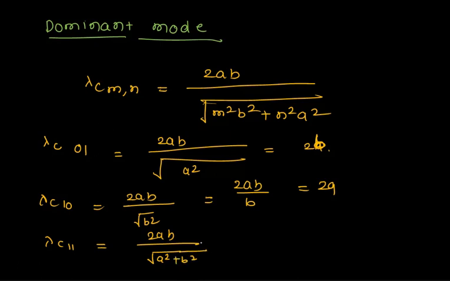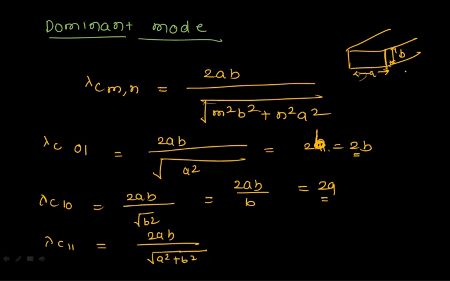If I take the example of a rectangular waveguide, your this side will be the longer side a and this will be the shorter side b. So this is twice of b. This is the shorter side, so its value will be less. Twice of a is the longer side, that's why this value will be more than this one. And you can imagine lambda c11, obviously divided by the square root of a square plus b square, this value will be lesser than these two modes.